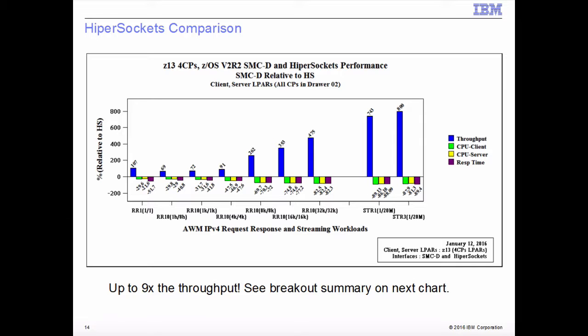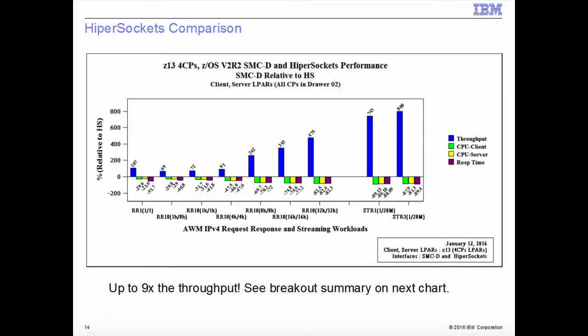On the far right, we actually have streaming workloads. But moving up to there, we still have request-response workloads. The 4 bars still mean the same thing. You know, the green and yellow is your CPU savings compared to HiperSockets, your throughput relative to HiperSockets, and the response time. So, as you know, again, this is what's considered a micro benchmark with no application business logic.